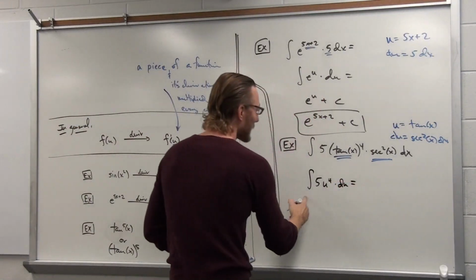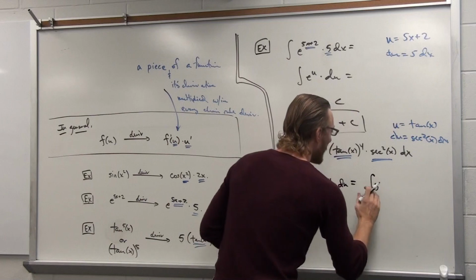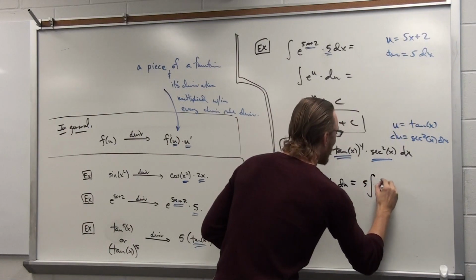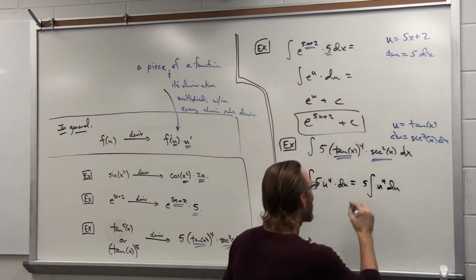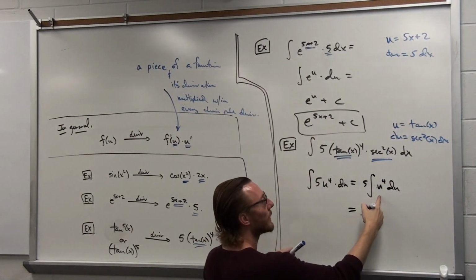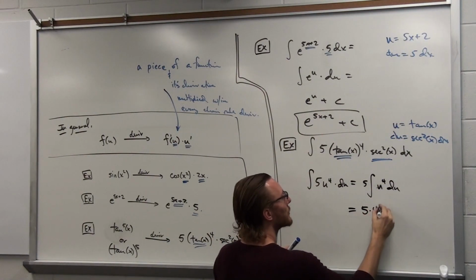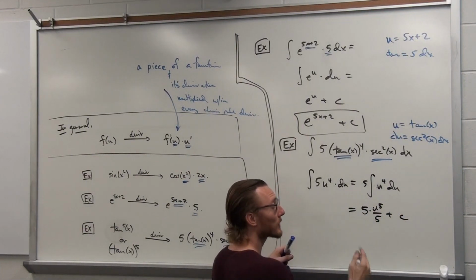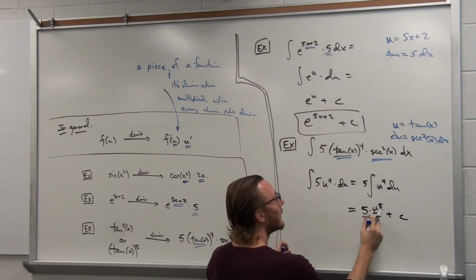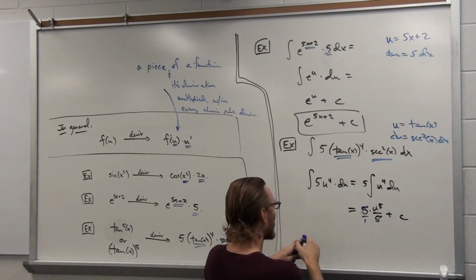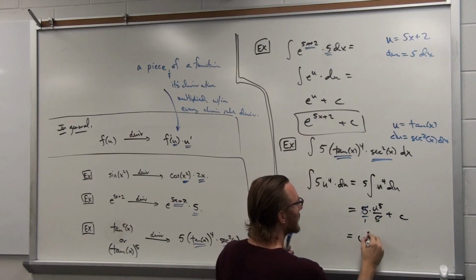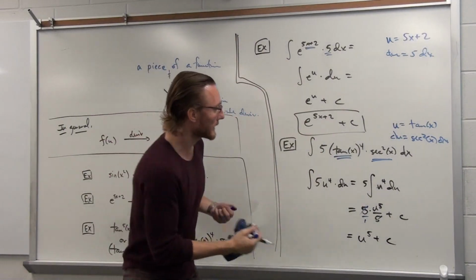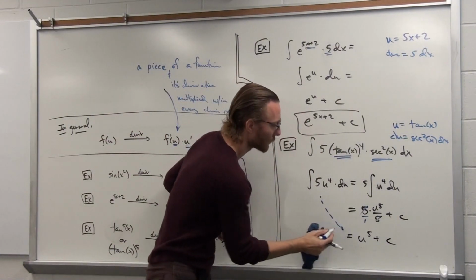Now, the constant multiple is going to be unaffected, so we could take that constant multiple out. Whenever we apply our antiderivative technique here, we're going to get 5 times u to the 5th over 5 plus c. But the 5 in the numerator and the 5 in the denominator cancel, and you're simply going to get u to the 5th plus c, which makes sense when you look at this result.